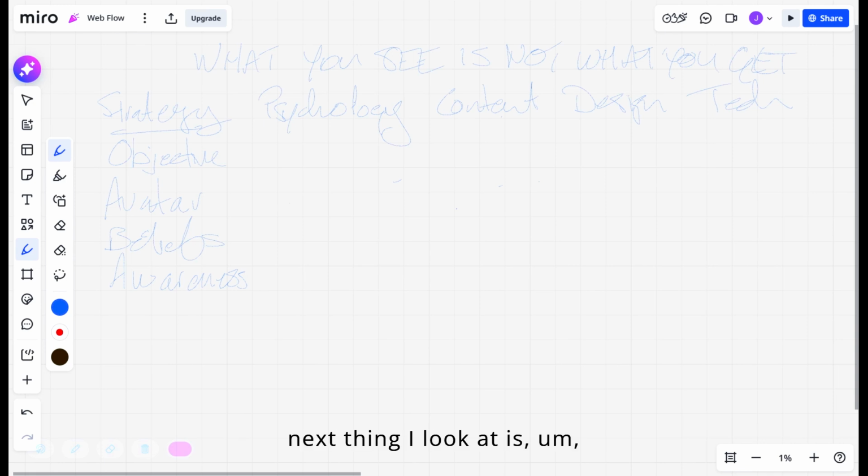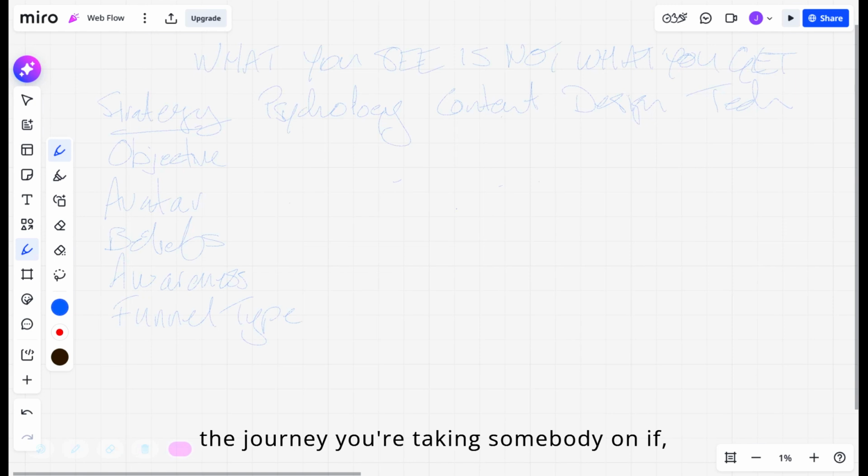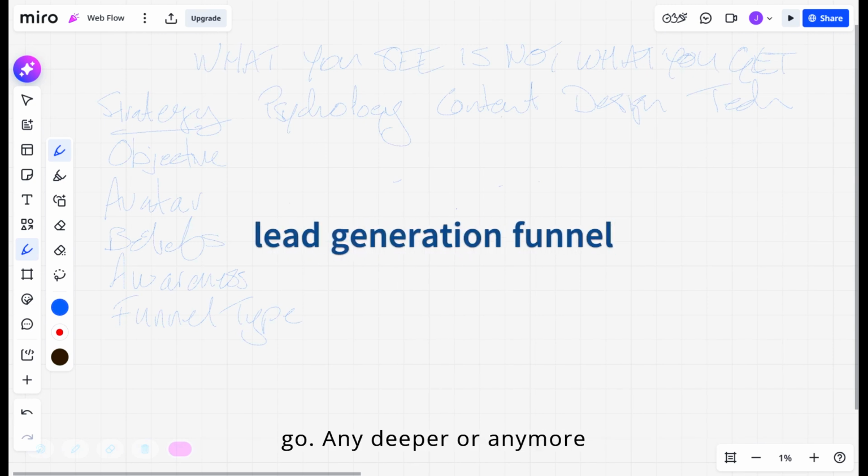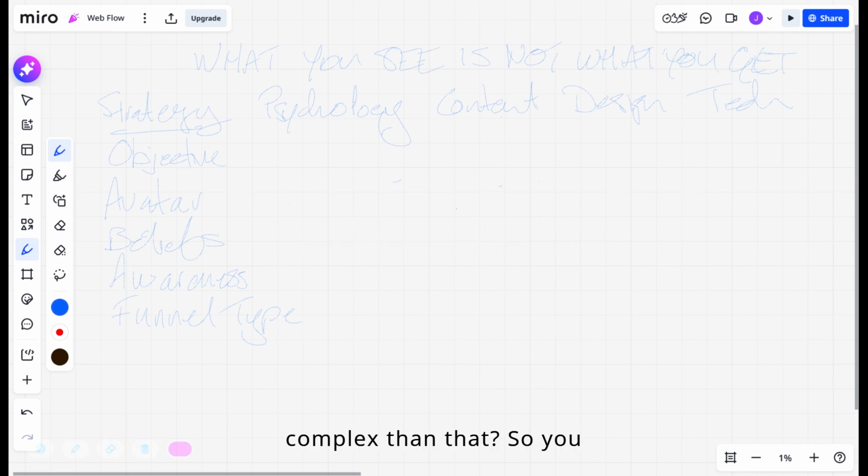The next thing I look at is the funnel type. So what I mean by this is, the funnel's got to fit the offer and the journey you're taking somebody on. If all your objective is to just generate leads, then all you need is a lead generation funnel. You don't need to go any deeper or any more complex than that.